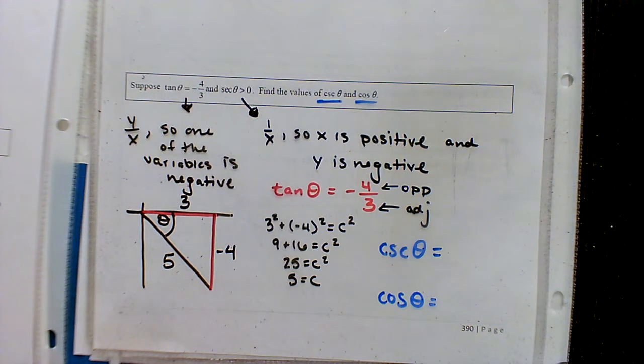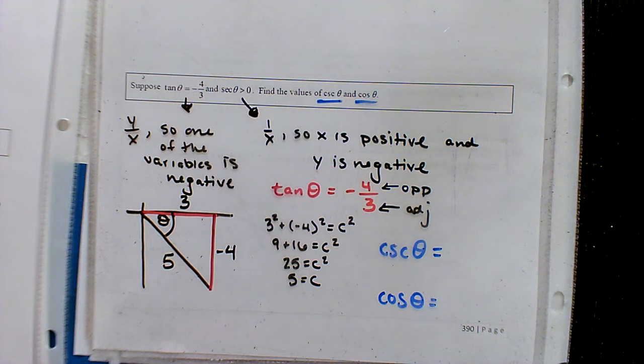So let's see if we can figure out the cosecant ratio and that cosine ratio. Think about SOHCAHTOA. We're dealing with a right triangle. Any thoughts? Let's see, maybe we'll write down the relationships.